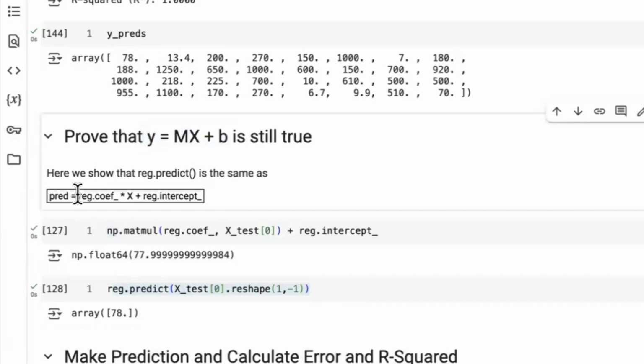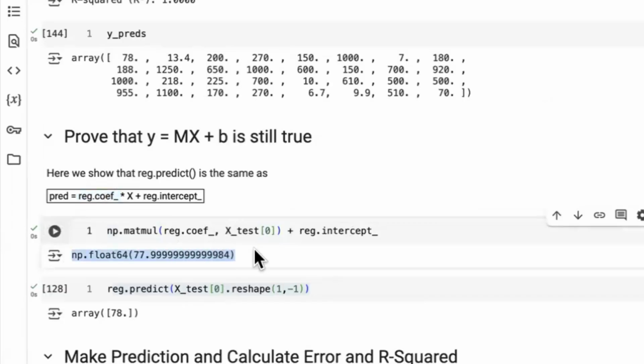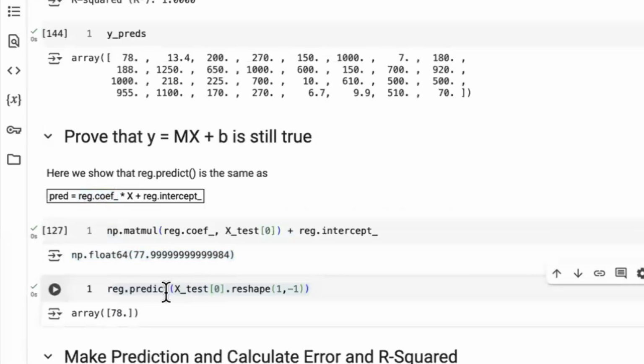I take the coefficients, I multiply it by the first row, and then I add the intercept, and I get this value here. Now I put the first row in here, and I get the same number. You see? That's all prediction's doing. It's just taking the coefficients, multiplying it times the data, and adding the intercept.